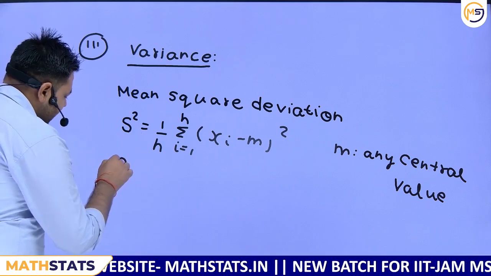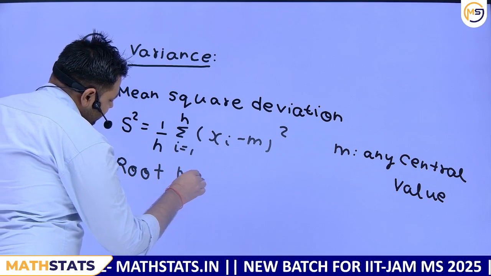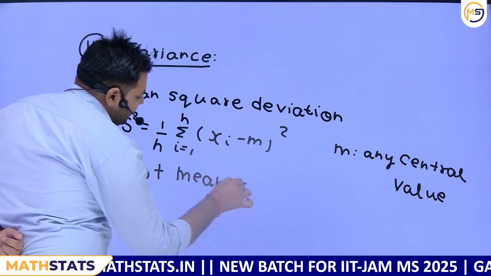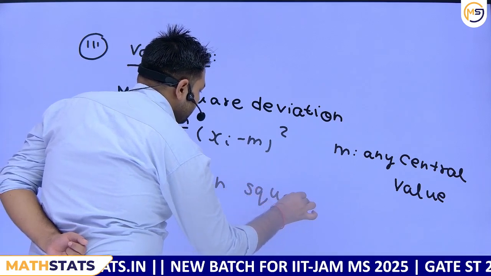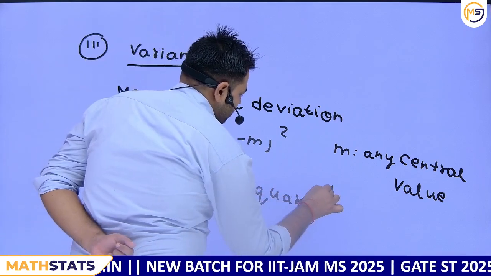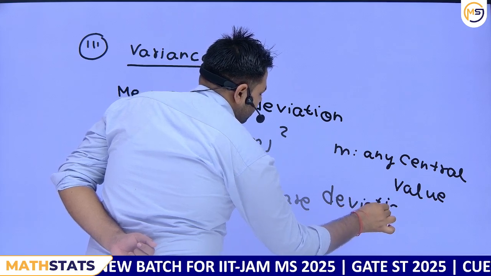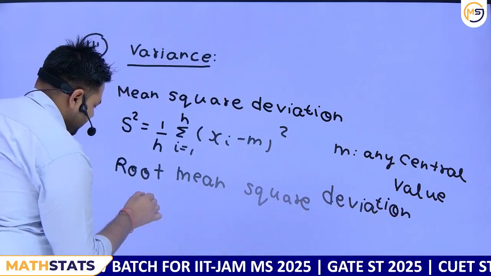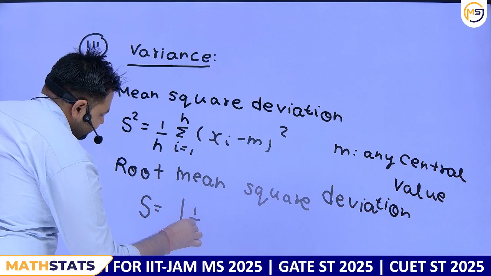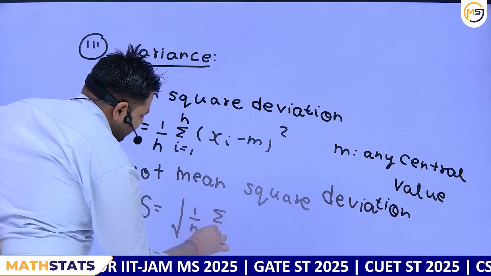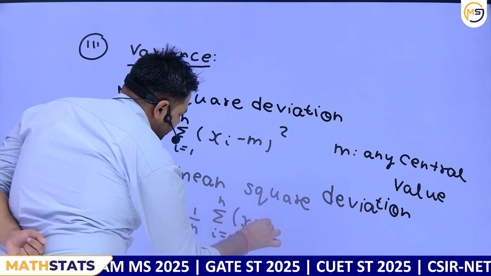Now root mean square deviation. So root mean square deviation is nothing but the root of mean square deviation. s equal to under root 1 by n summation i equal to 1 to n, xi minus m square.